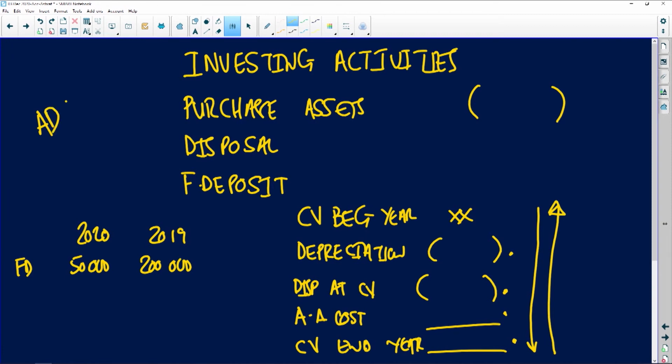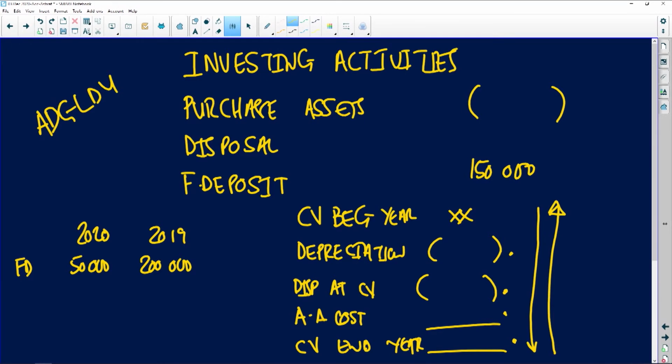Asset decreasing, generated. Liabilities decreasing, utilized. Is my asset decreasing? Yes. What happened? I generated. How much did I generate? I generated an amount of 150,000 Rand. Right? So it's a straightforward comparison. I had an asset of 200,000. It's now only 50,000. That means 150,000 Rand came into my bank account. I generated 150,000 Rand worth of cash.